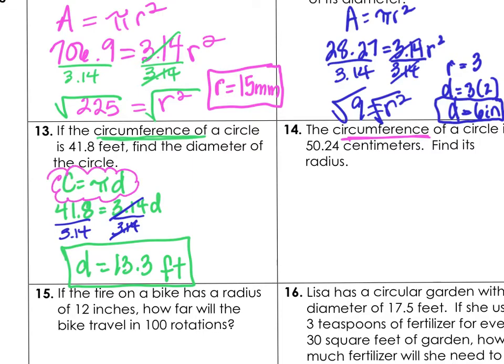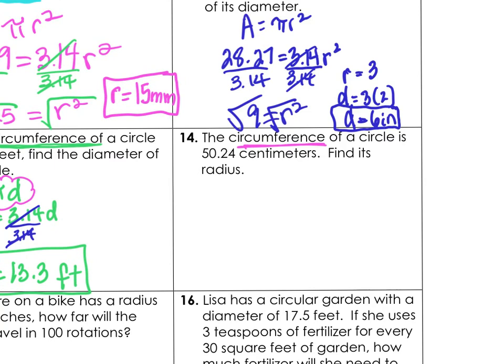It doesn't matter which one you use. Just use the one that makes you feel good inside your heart. We're trying to find its radius, so we're going to do circumference equals 2 pi r, because 2 times r equals diameter. It's the same thing.